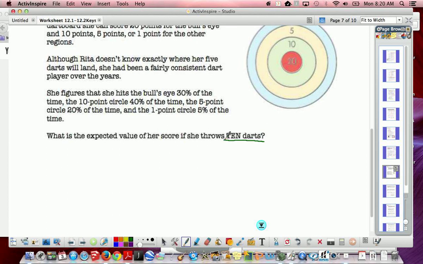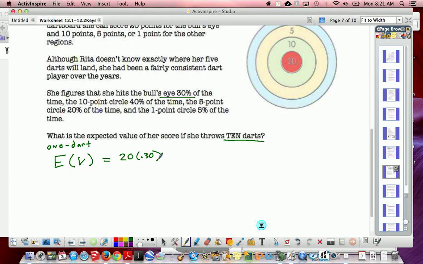So what I want to do first here is calculate out the expected value. This will be like saying what is the average point total I would get for one dart. So as it says here, she's going to get the bullseye 30% of the time. So 30% of the time, she's going to get 20 points.